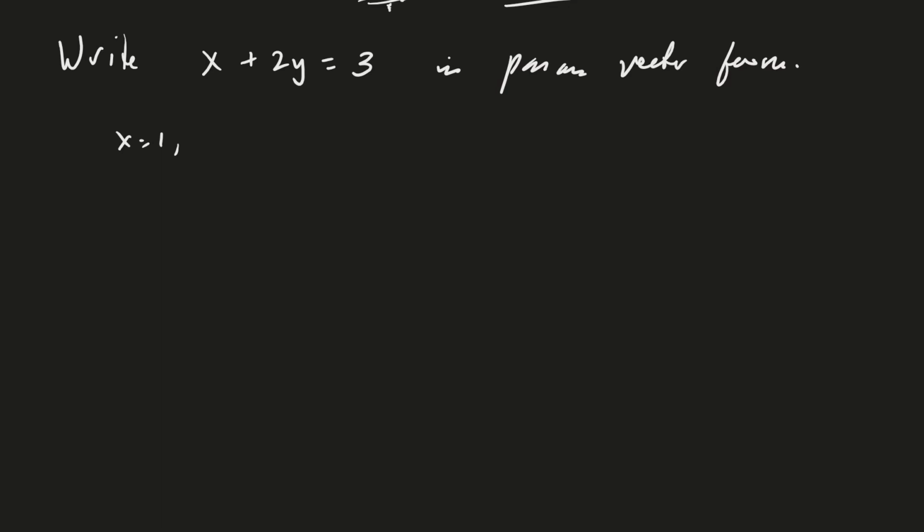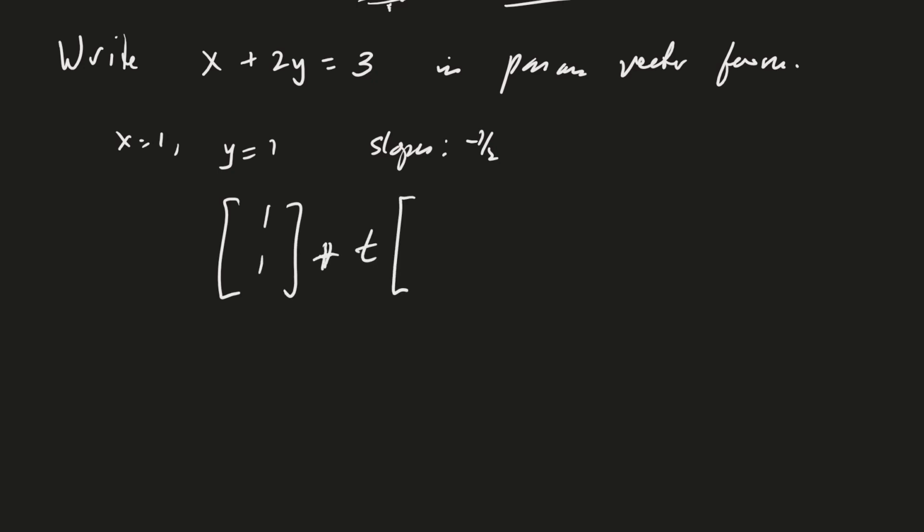Let's see, 3 minus 1 is 2, y equals, oh, hey, how about that? Then y is equal to 1, and then my slope is minus 1/2 in this case, right? So therefore I can write 1, 1 plus t, and then rise over run would be 2 minus 1, right? Good.